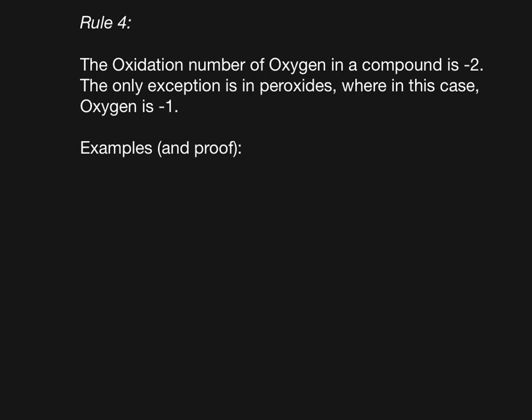So rule 4 says that the oxidation number of oxygen in any compound is -2. The only exception to this is in a peroxide, where oxygen is now -1. So if I have just 2 examples and do one for any compound that isn't a peroxide, let's just have water.